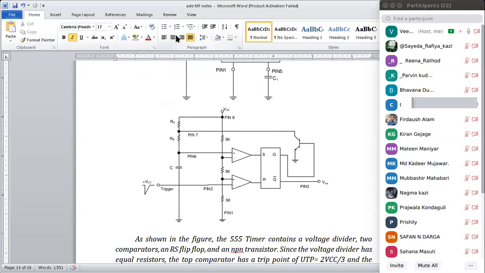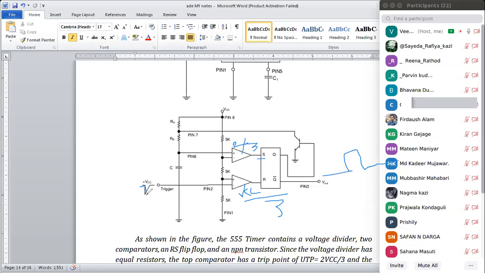Same thing: this comparator 2 by 3 VCC, and this comparator VCC by 3. So once set, we will get a high value and continuously a low value.